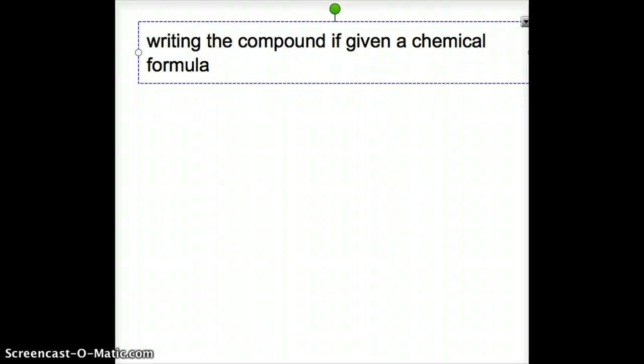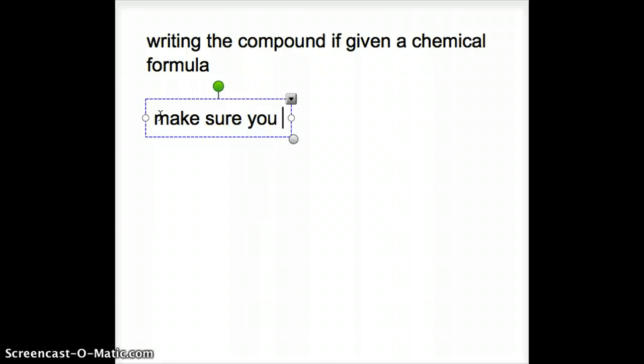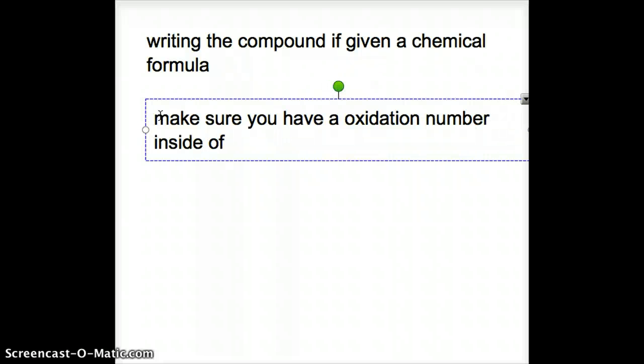When we name a multivalent ionic compound, we must first include the oxidation number on the metal ion in brackets. So make sure you have an oxidation number inside of brackets next to the metal.